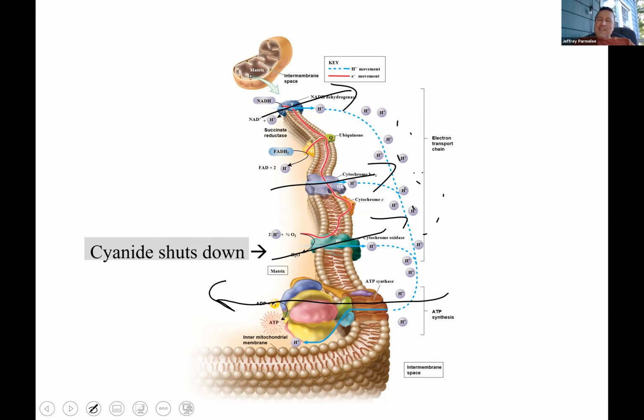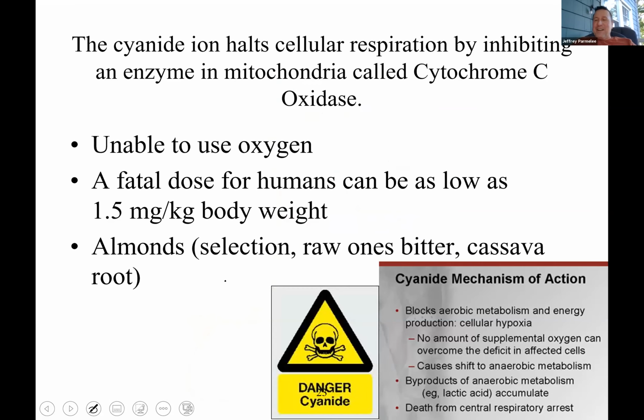Oh, interestingly, let's talk about cyanide. How do I say this? If you're not getting along with a spouse or a significant other, and all of a sudden your coffee tastes like almonds, maybe your cottage cheese is a little almondy, you should be careful. I watch a lot of crime shows too, but cyanide is a deadly poison, and it has an almond taste. Why is it deadly?